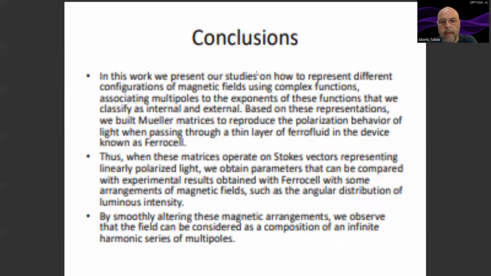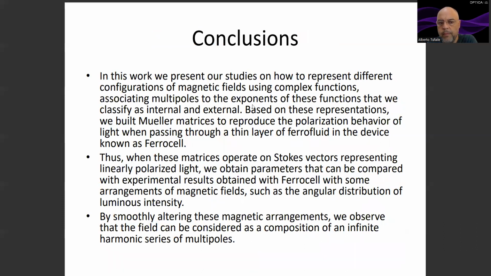Conclusions: in this work, we present our studies on how to represent different configurations of magnetic fields using complex functions, associating multipoles to the exponents of these functions that we classify as internal and external multipoles.